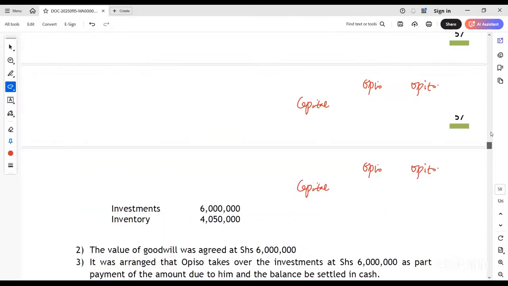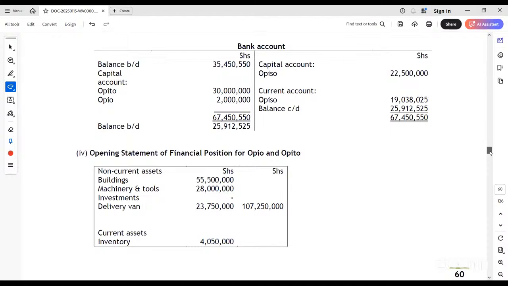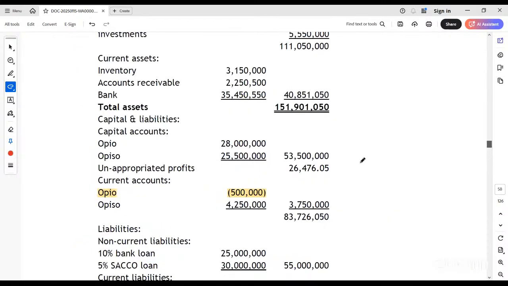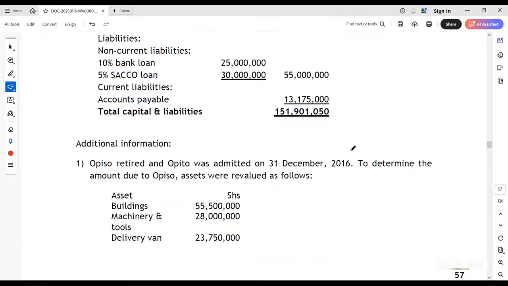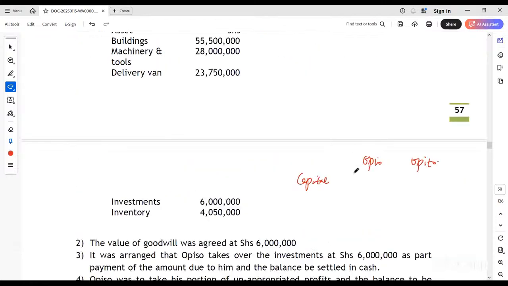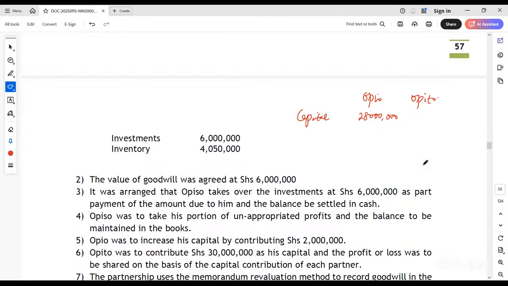Capital: Opio had a capital of how much initially? Opio had a capital of 28M initially. Look at the question. Opio had 28M. Then Opito, we have been told that Opito contributed 30M. Then Opio was to increase his capital by contributing an extra 2M.